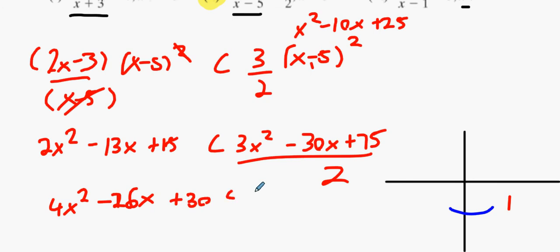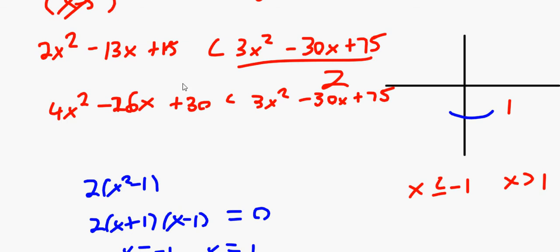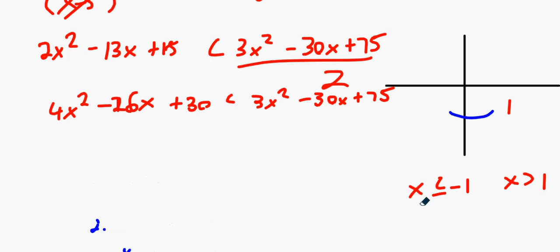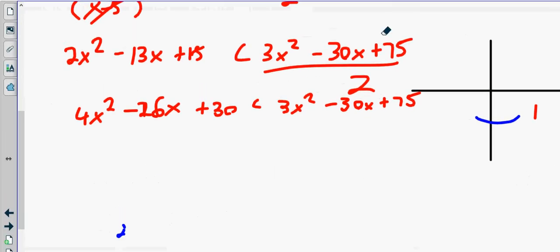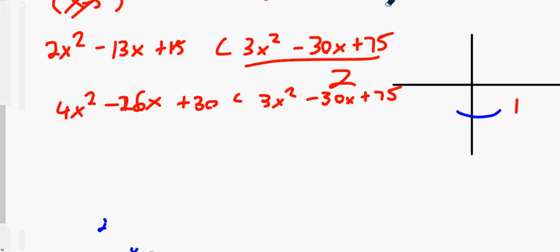Now, 4x squared take away 3x squared, anybody? Well, x squared. Minus 26x plus 30. 4x, what's that? Minus 45. Ah, yeah, that's grand.